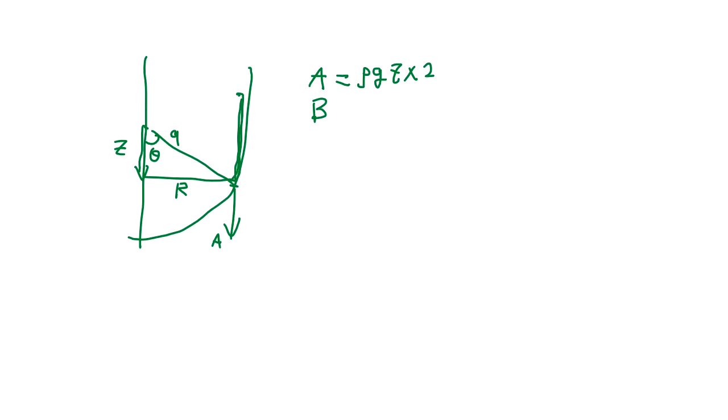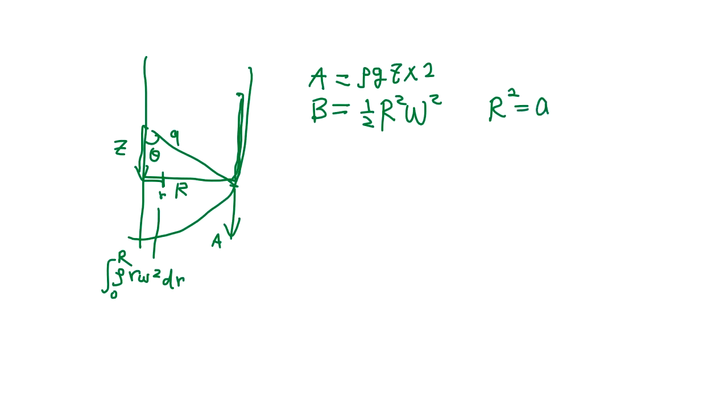And for the centripetal force, we check R, then the centripetal force is R omega square rho, and we take the integral from 0 to R. So it's R square omega square. Here R square is A square minus Z square. Okay, so that's the centripetal force.